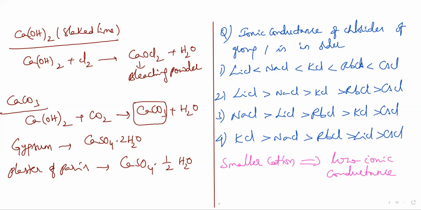Who is the small cation here? Li plus is less than Na plus is less than K plus is less than rubidium plus, cesium plus. So who is least in size? Lithium. So this will be your order. LiCl should be less than NaCl should be less than KCl. So the first option is your answer. Right? Next question.